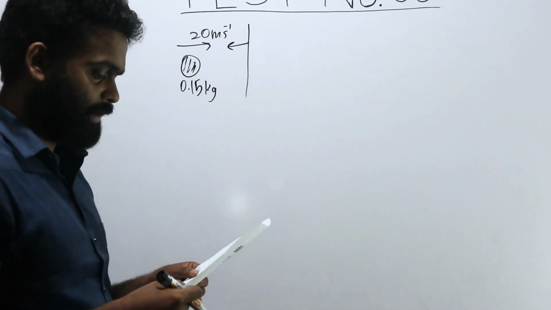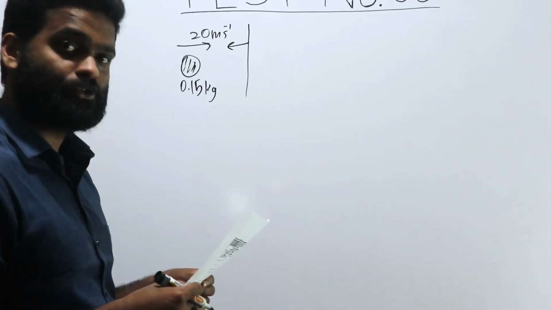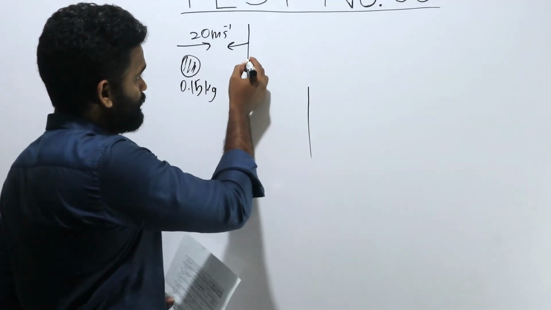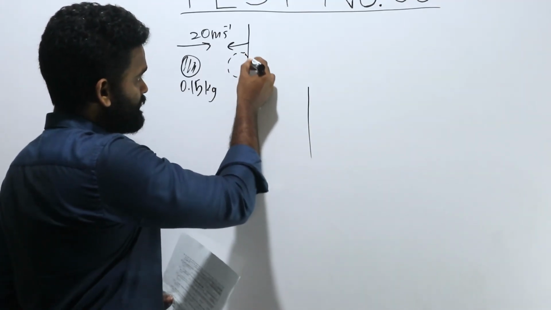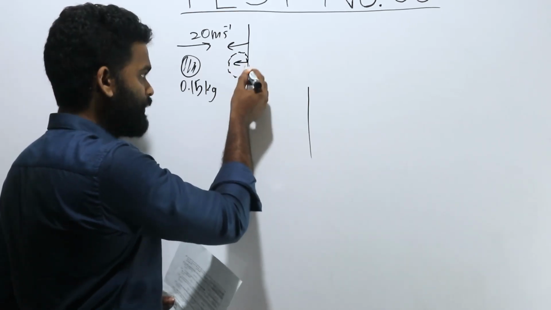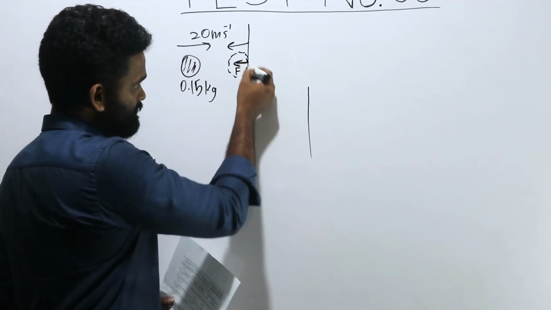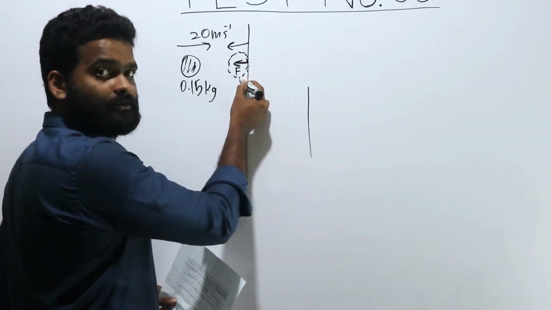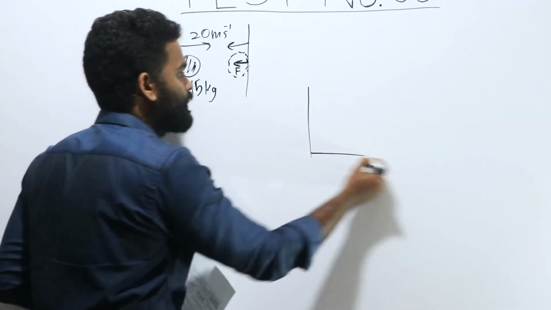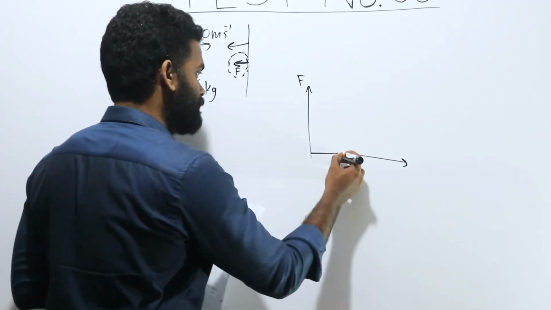The variation of force applied by the bat on the ball is shown below. So as this ball is incident on the bat, the variation of force applied by the bat during this time period is shown by this F-T graph.